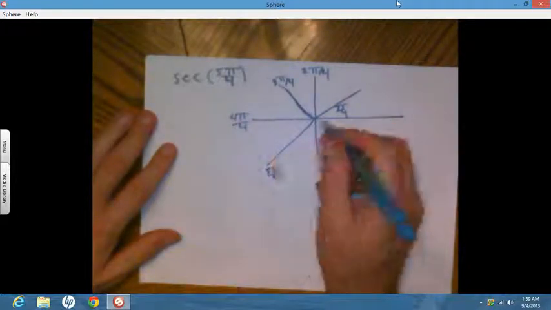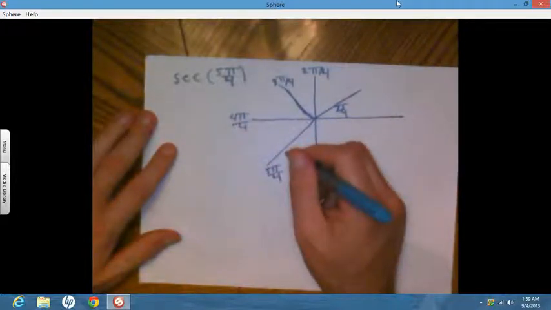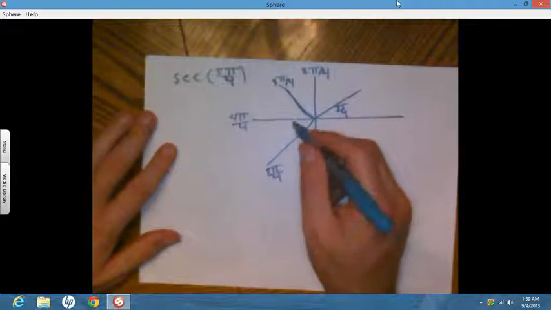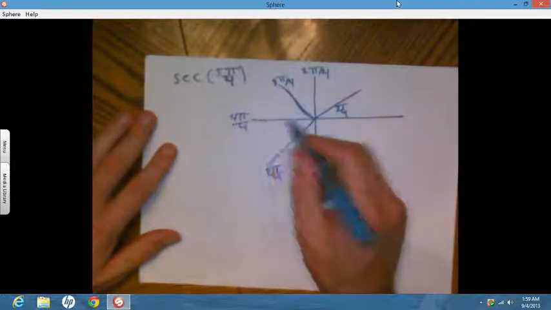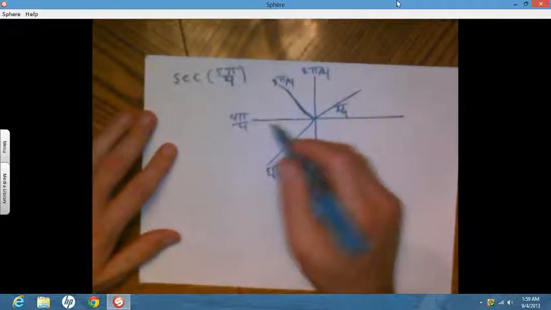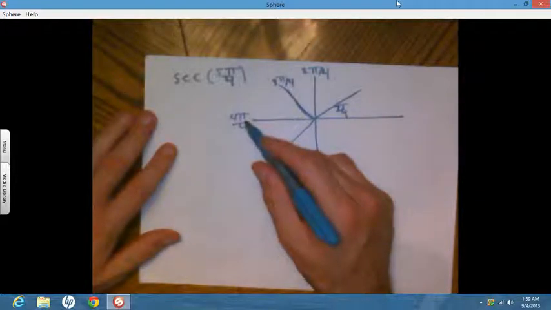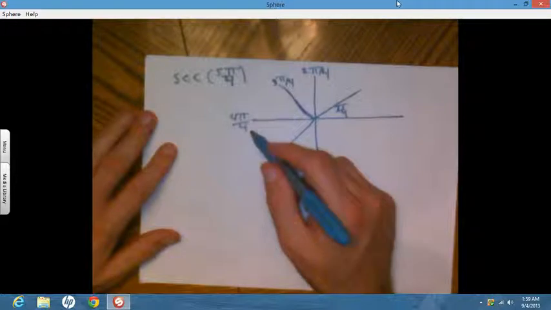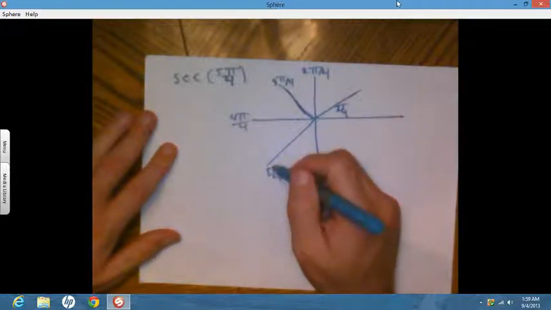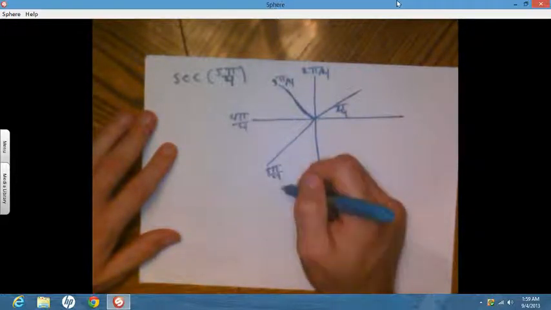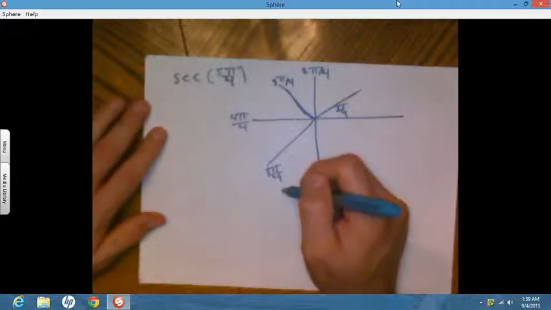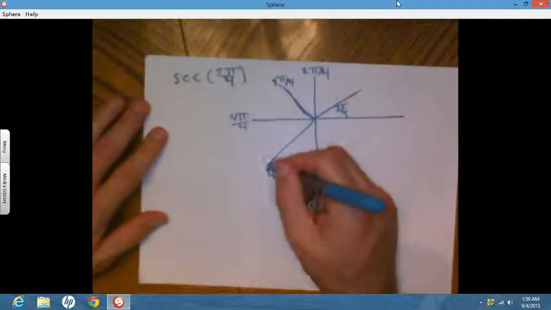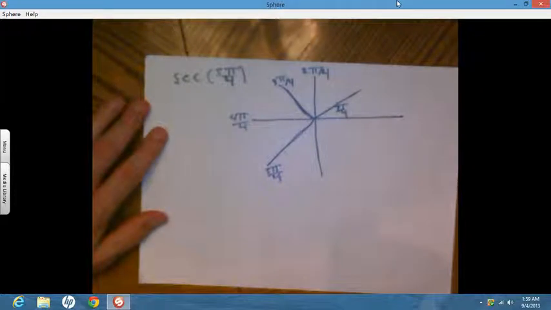third quadrant, right? So our nearest side of the x-axis is over here, and it's 4 pi over 4. And I'm going to leave it as 4 pi over 4. I'm not going to cancel the 4s and write pi because I want to subtract these two numbers, and right now they have the same denominator. So I located the quadrant. My second step was to find my reference angle.